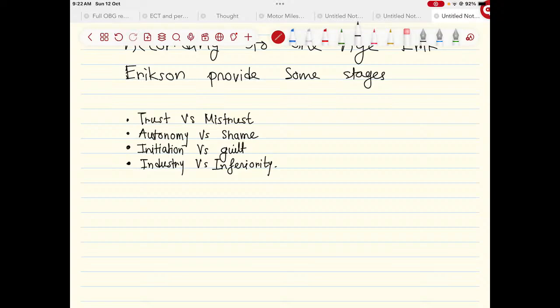And the fifth stage, identity versus role confusion. Then intimacy versus isolation.